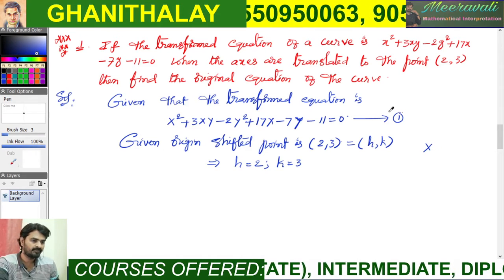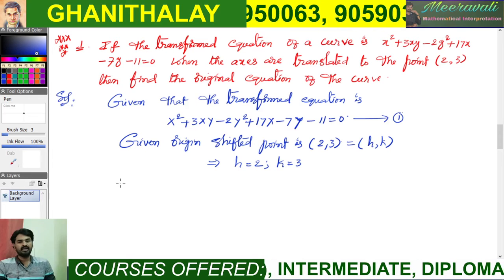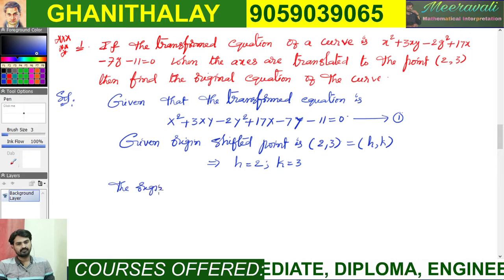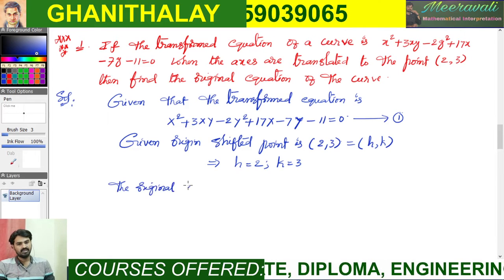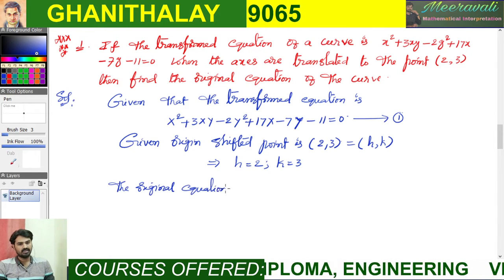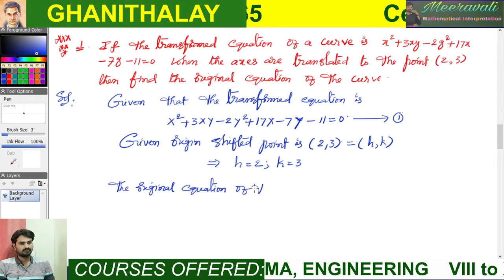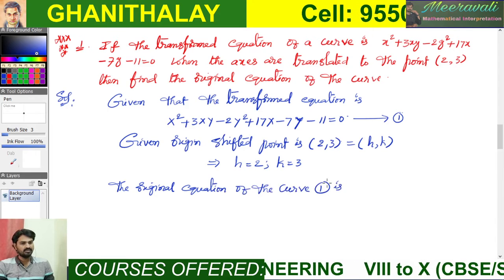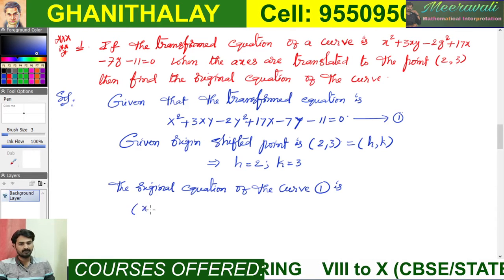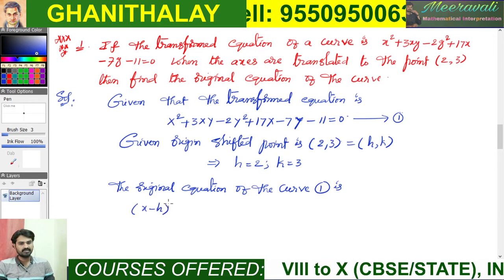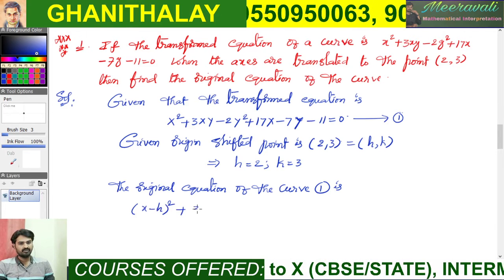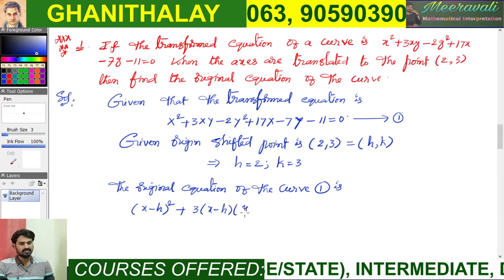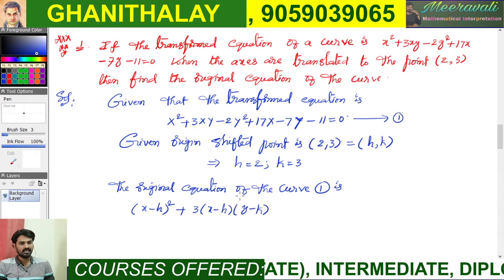Okay students, now we are going to write the original equation of the curve. In equation 1, you can put capital X as small x minus h, write the remaining terms the same, and capital Y as small y minus k.